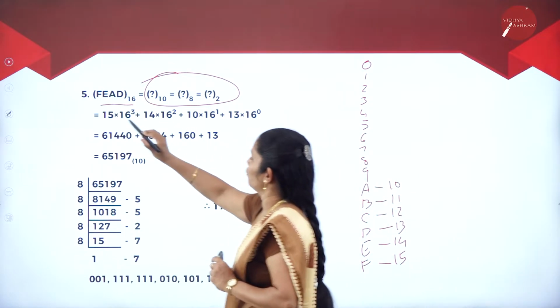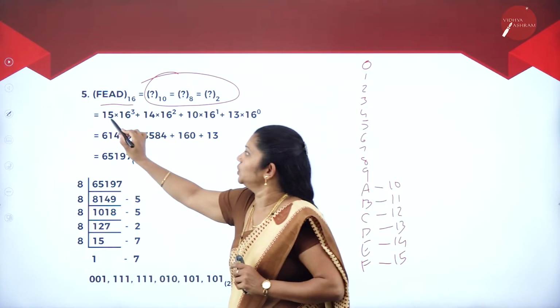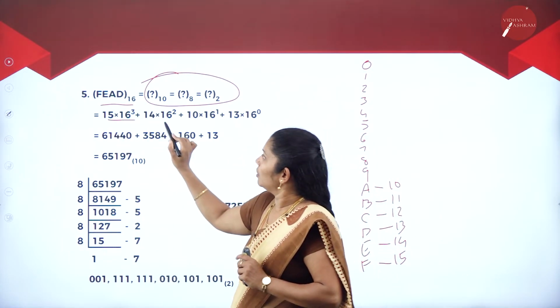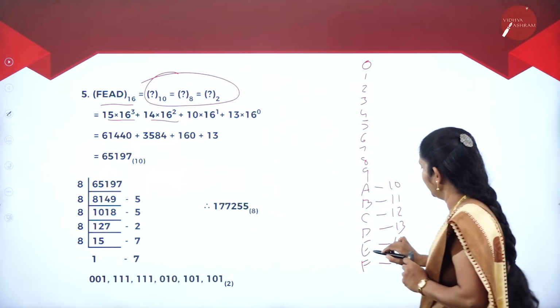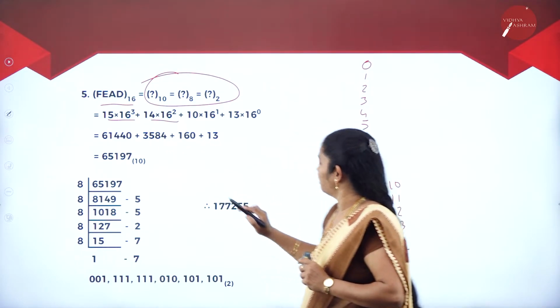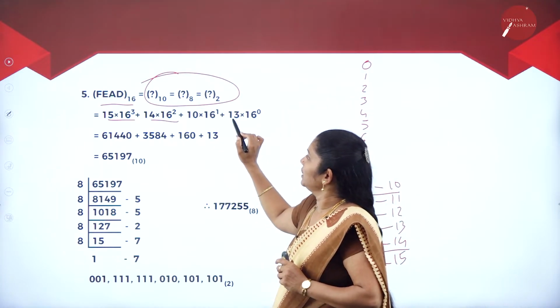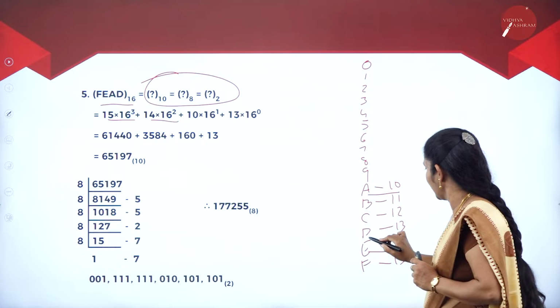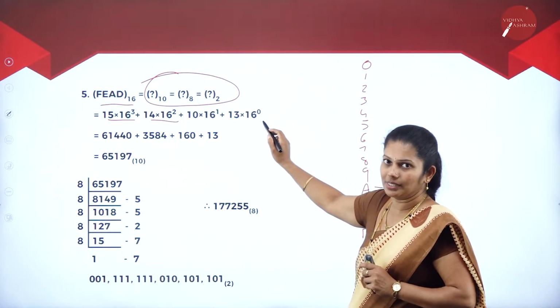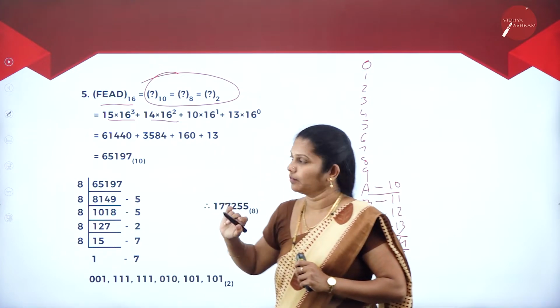So in the place of F, substitute 15, that is 15 into 16. Plus in the place of E, E represents 14, that is 14 into 16. Plus A represents 10, here 10 into 16. Then D represents 13, 13 into 16. And increase the power 0, 1, 2, 3.